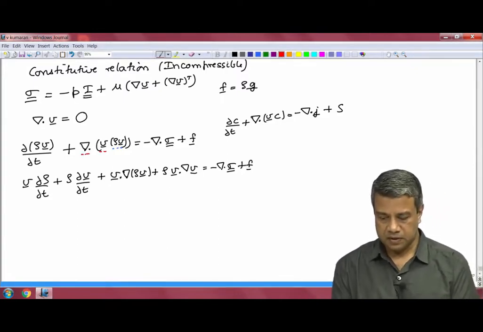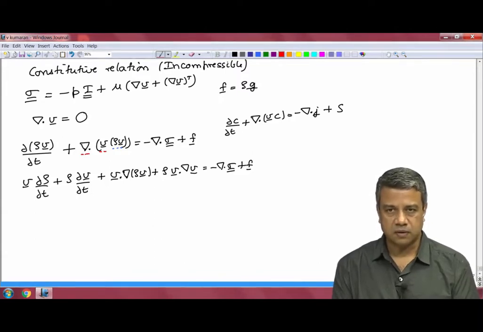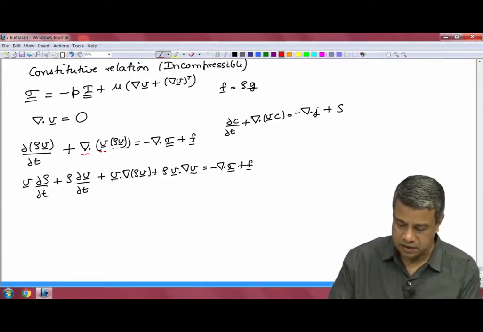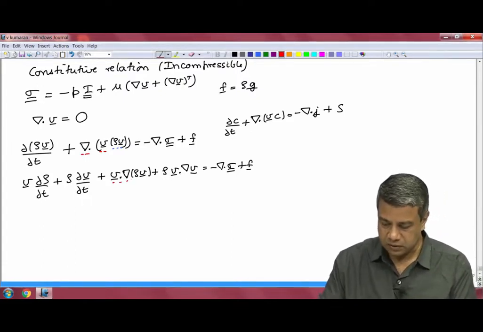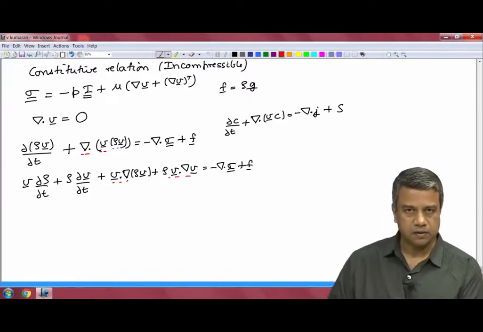In the first term, I have taken the velocity out while using product rule for differentiation, and I get V dot grad of rho V. And the second term, I have taken rho V out, and I get rho V dot grad V.